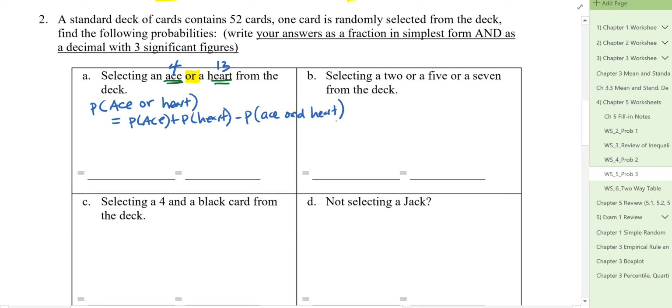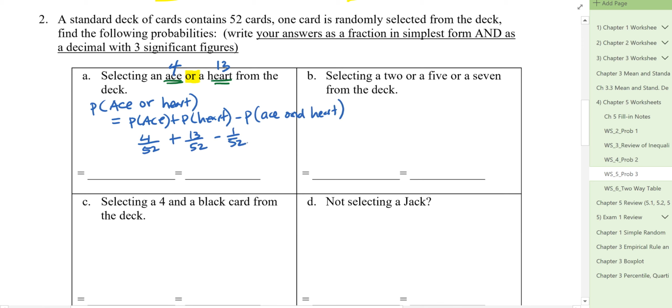Notice that you can write a formula down. So there are 4 aces out of 52, 13 cards that are hearts, and 1 card that is the ace of hearts.